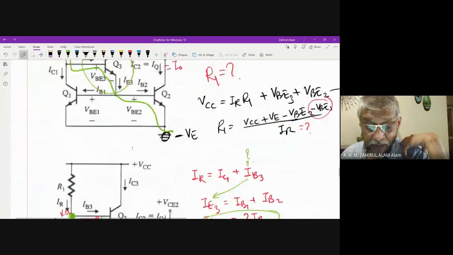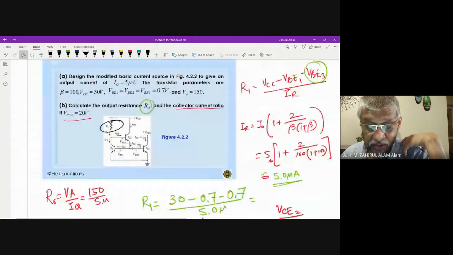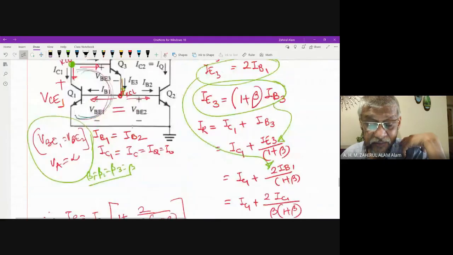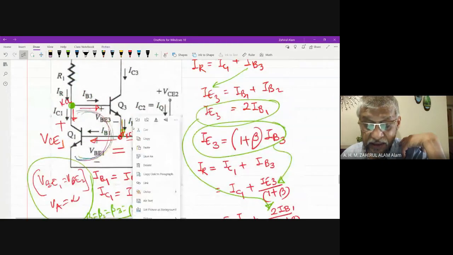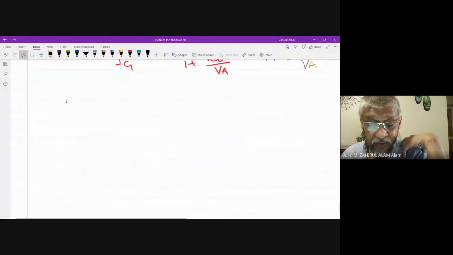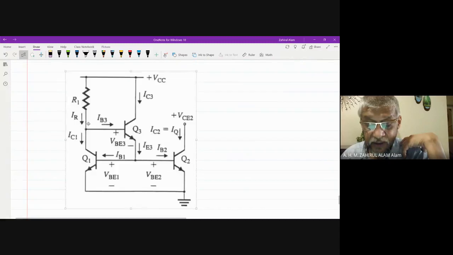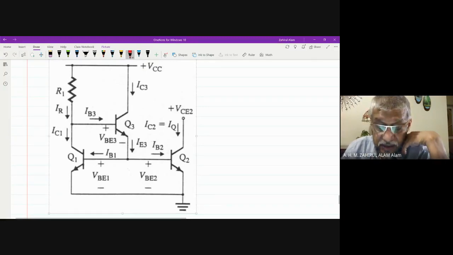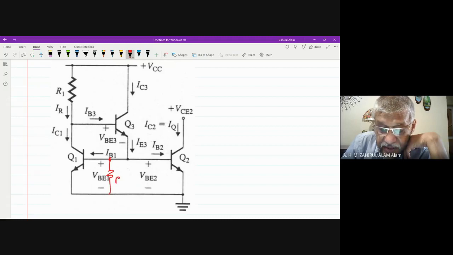So now I have gone through very quickly. So this current source, and if I ask you to draw the small signal equivalent circuit for this configuration, what you need to do? Just keep the circuit and add base to emitter R1, R2, this is connected.